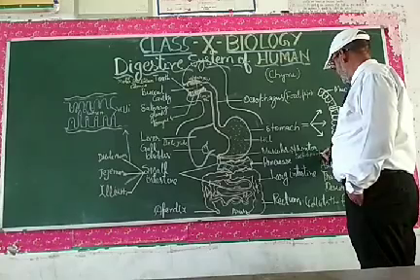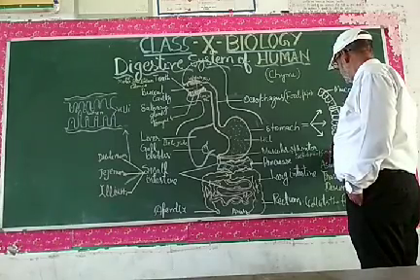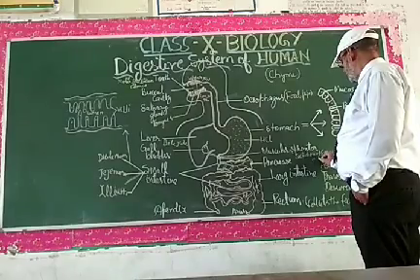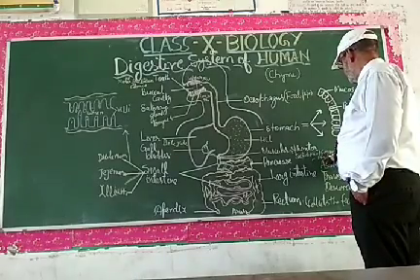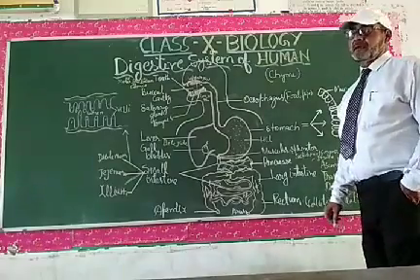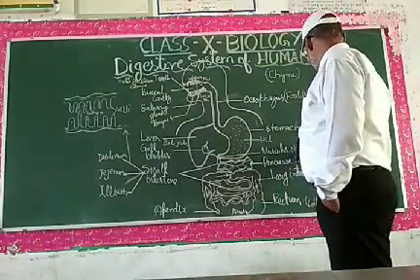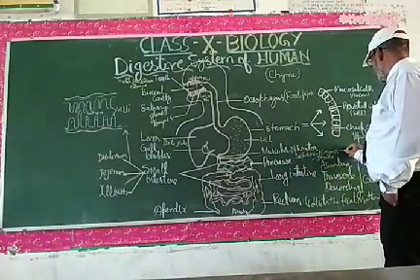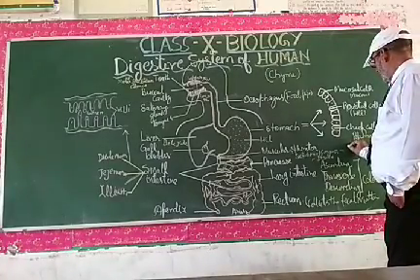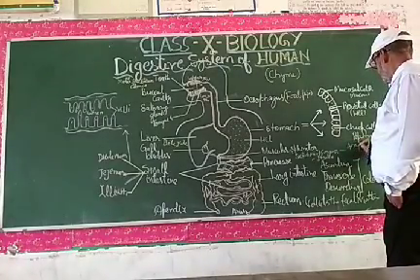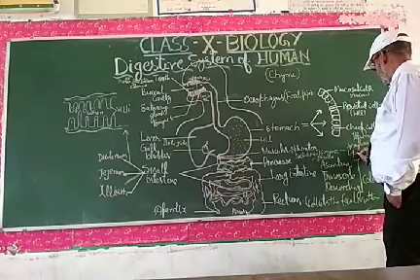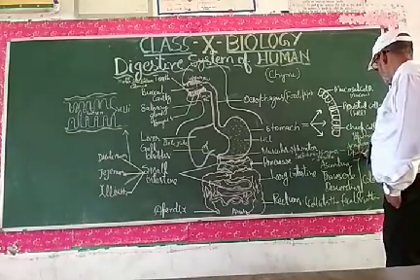And number 2, secretion of insulin. So this is the pancreas. The enzymes secreted by the pancreas are amylase, lipase and trypsin.